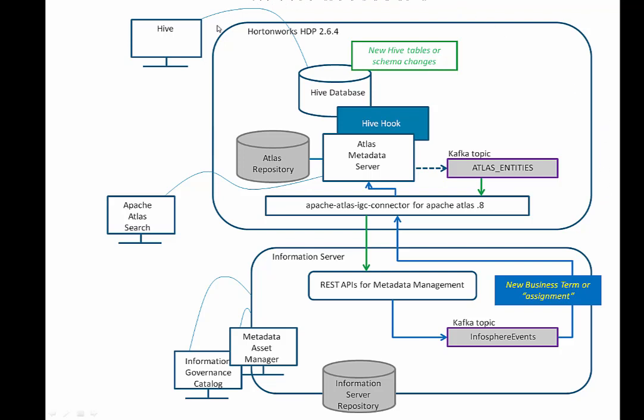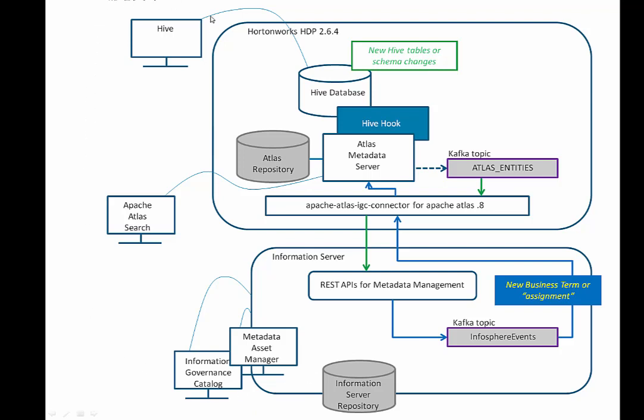I have running a Hortonworks HDP 2.6.4 environment, a Hortonworks sandbox. And it has a Hive database in the Atlas repository and all the configurations that are required for Atlas, along with Information Server, Release 11.7, with the Information Governance Catalog available, and the other componentry required for the Information Server repository.